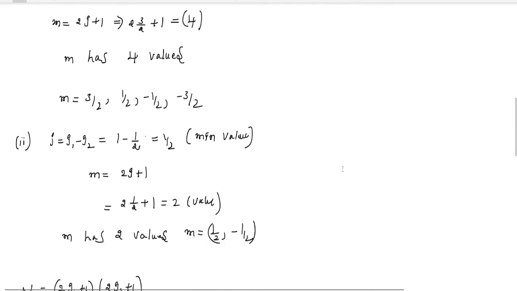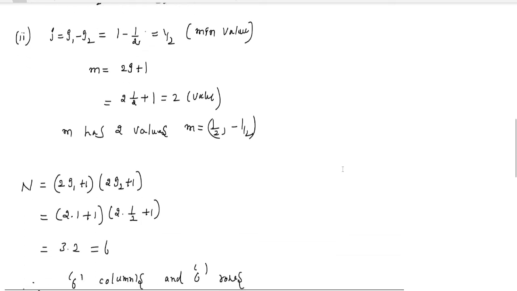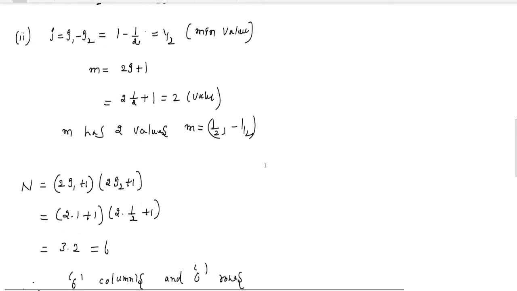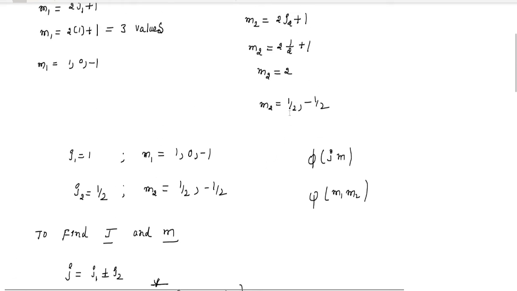So first you need to understand what m1 and m2 are, how we can get m1 and m2, and how to get the j and m values. Here there are 6 columns and 6 rows. For m1 and m2 values, I only got 1 divided by 2 and minus 1 divided by 2.